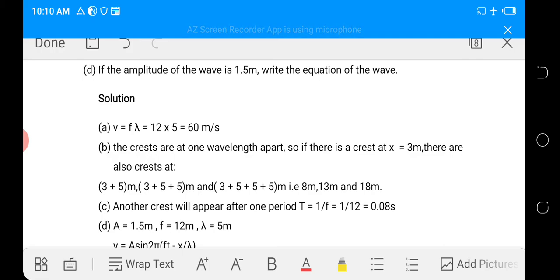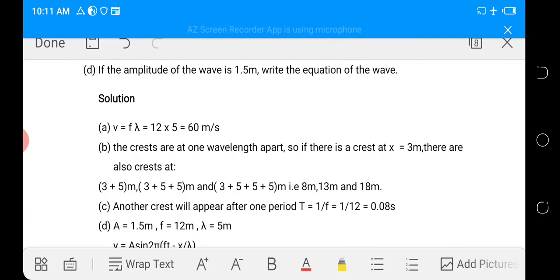Question C. They want us to find the time when another crest will appear at that point x equal to 3 meters. Since the distance between a crest and the next one is 1 wavelength, and the time taken to cover 1 wavelength is 1 period, another crest will appear where we have x equal to 3 meters after 1 period.